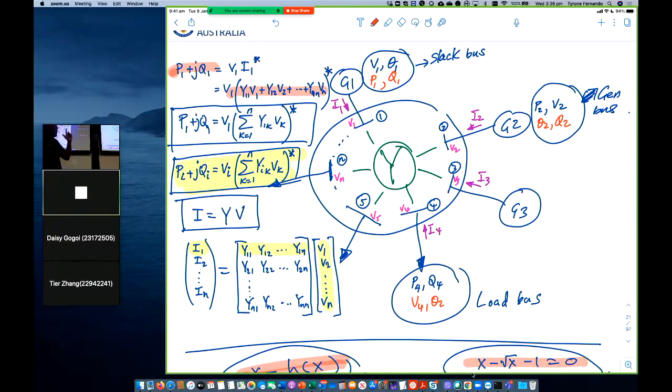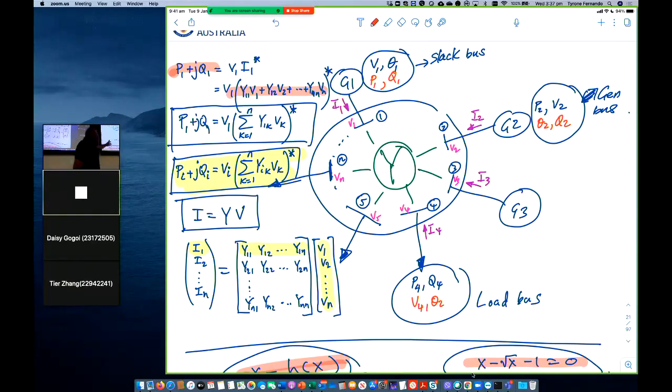So it's a generator bus. I know the power it injects, so I've written it in blue. We know the voltage magnitude, so V2 is in blue. We don't know the angle of the voltage at that node, so theta 2 is in red, and I don't know how much reactive power it's injecting, so Q2 is in red.